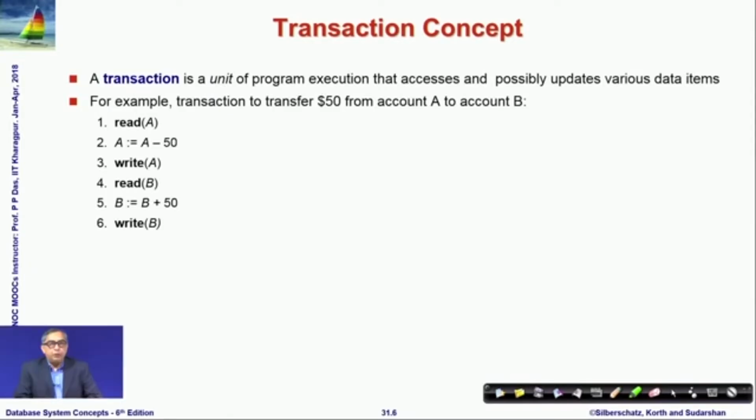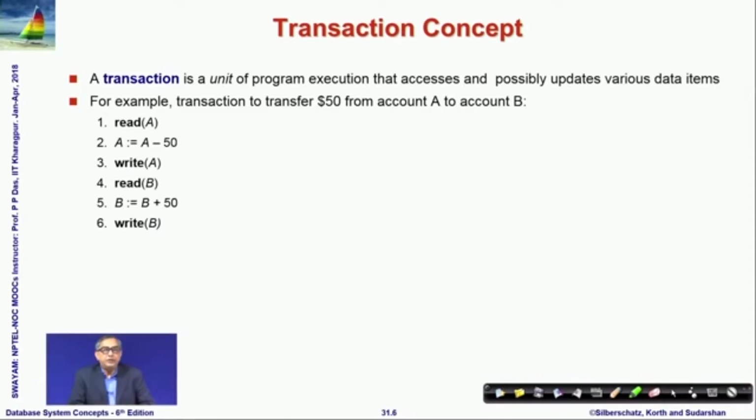Without the unnecessary details, there are two accounts, account A and B, and we want to transfer $50 from account A to account B. So, we need to debit account A by $50 and then credit account B by $50. That will achieve the transfer.